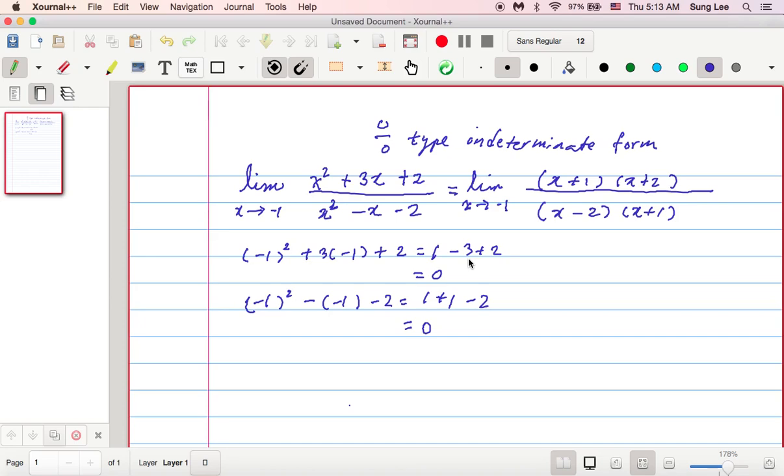So that's the situation. Since x is never equal to -1, x plus 1 is never equal to 0. It just gets very close to 0, but it is never equal to 0. As long as it is not 0, we can divide any number, or polynomial in this case, by x plus 1. So we divide the numerator and the denominator by x plus 1.